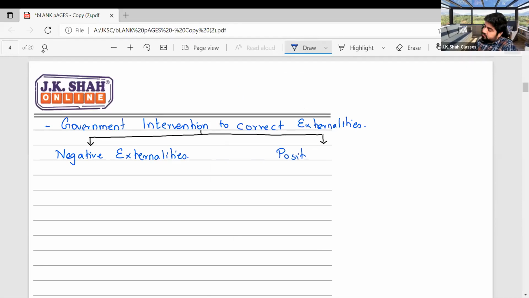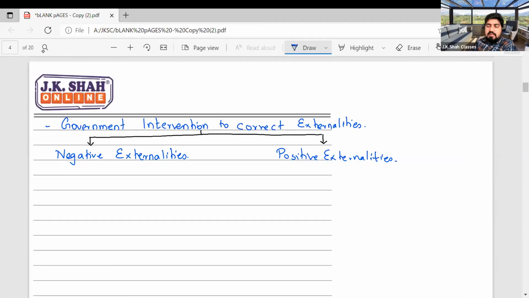Number two is positive externalities. Negative externalities and positive externalities.